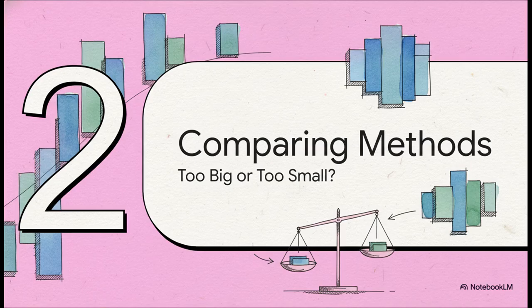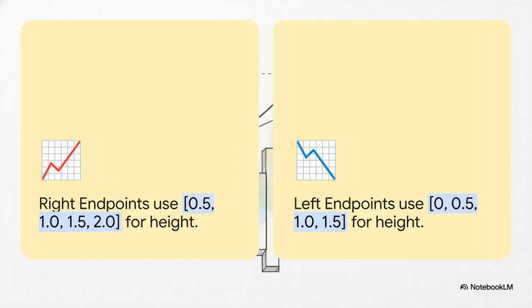So we have an answer, 3.75. But how good of an answer is it? Is that an overestimate, an underestimate? Well, to figure that out, let's compare it to a slightly different method. So what happens if, instead of using the right side of each rectangle for the height, we use the left side? The process is exactly the same, but look at that crucial difference in the x values we use. For the left endpoint method, our points shift over.